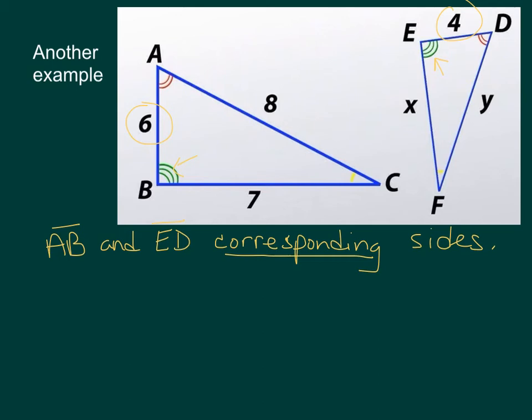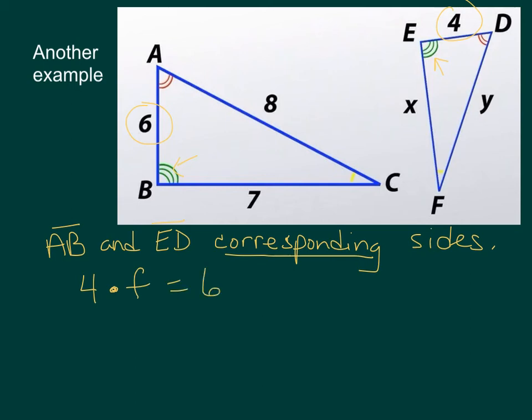So ask yourself, what can I multiply 6 by to get 4? Or you could even do it the other way. What can I multiply 4 by to get 6? I like to go from small to big because then I don't have to worry about as many fractions. So 4 times my scale factor is going to be 6.